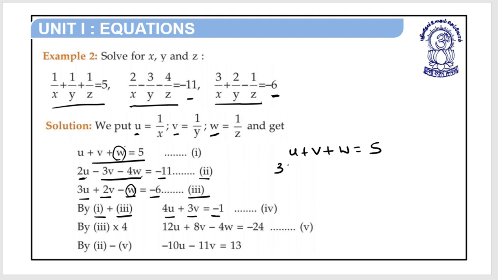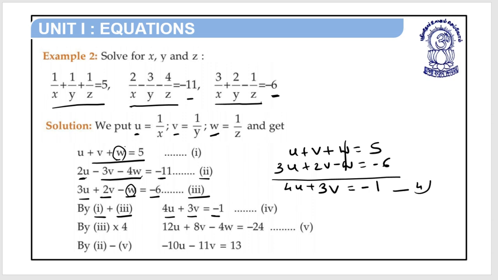Adding the third equation, 3u plus 2v minus w is equal to minus 6. So adding 3u plus u, 4u, v plus 2v, 3v, minus w plus w cancel, 5 minus 6, so minus 1. It becomes equation number 4. By multiplying equation 3 into 4, 3 by 4.